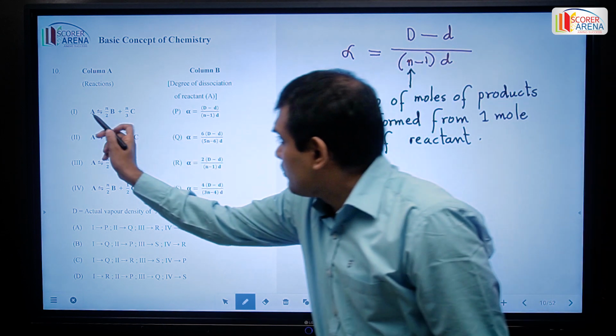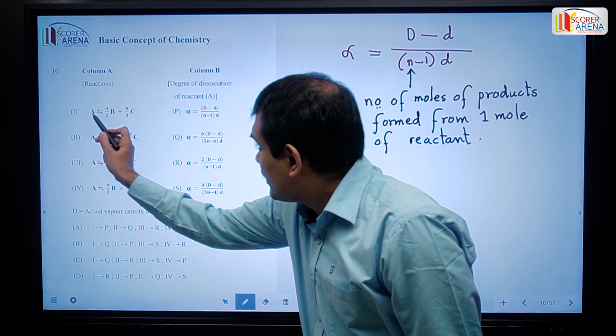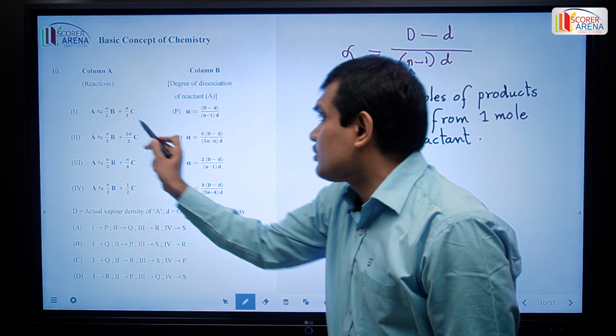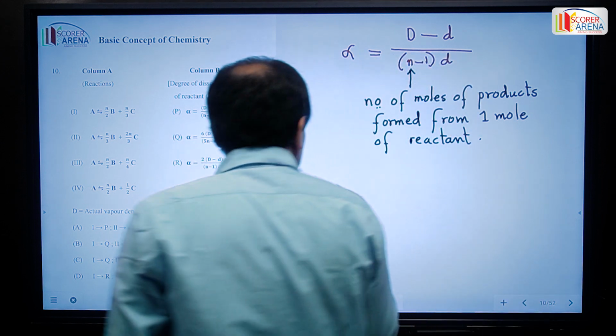So here we have 1 mole A, it will produce n by 2 mole B and n by 2 moles C. So directly apply for this reaction.